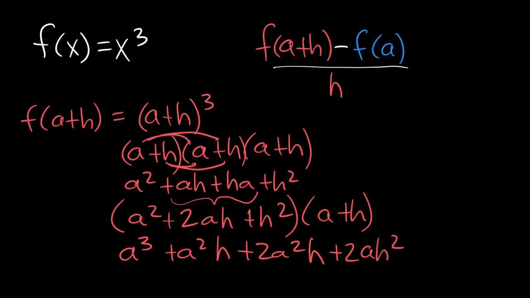And then finally, I have multiplying h squared times a, which is h squared a, and then finally plus h to the third. So that is h to the third. I need to simplify all this.